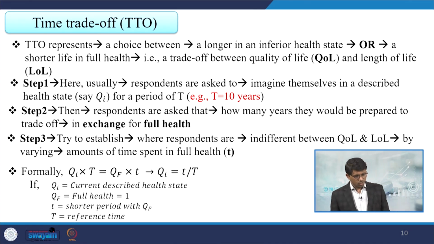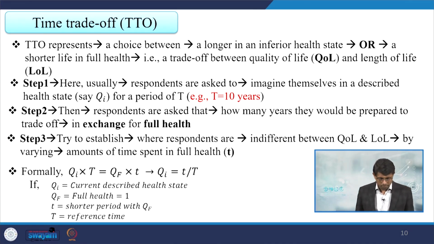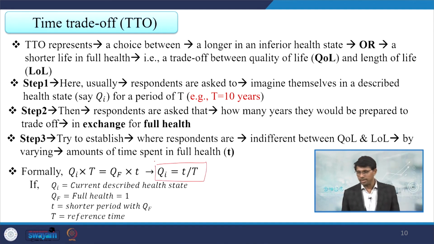Okay, and the current described health is QI, and small t is the shorter period with QF, and capital T is the total reference time. Since the full health QF is equal to 1, hence QI is equal to small t upon capital T.